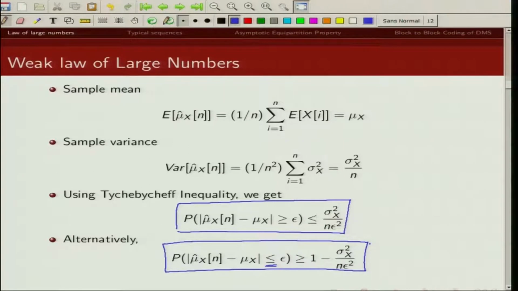And here if I let n tend to infinity, then the probability that the absolute difference between mu hat of x and mu x is less than some small value epsilon is almost equal to 1.